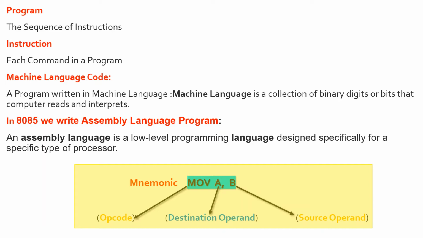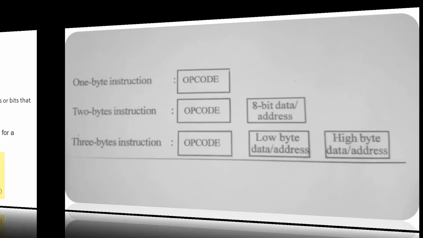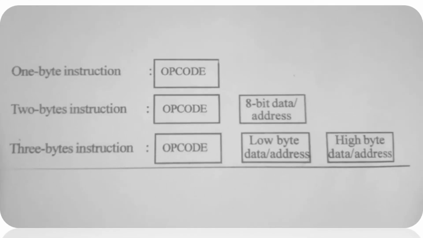These assembly level language instructions are divided into three formats: 1 byte instructions, 2 byte instructions, and 3 byte instructions. As you can see in the figure, if the instruction is 1 byte, that means only the opcode is stored, the operand is absent, or there is no need of any operand, or implicitly it is instructed in the opcode what to do.